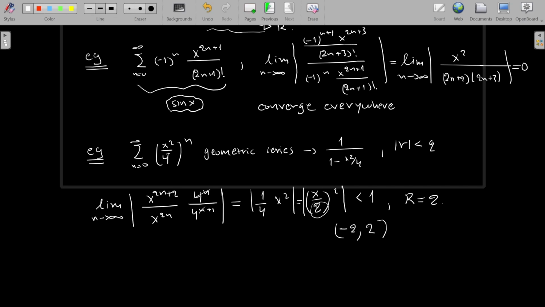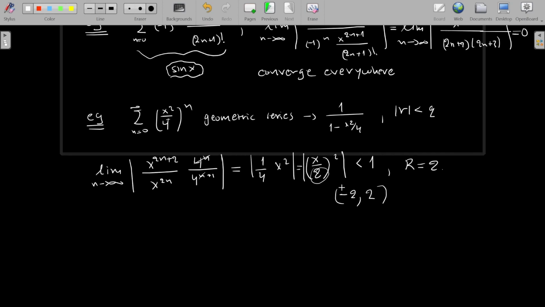Now you see, like we said, R is the distance from the center, which is 0 in this case, because this is expanded around 0, to the closest singularity, which is indeed at 2. The thing is, while this function is well defined for x bigger than 2, it diverges when written as a power series.